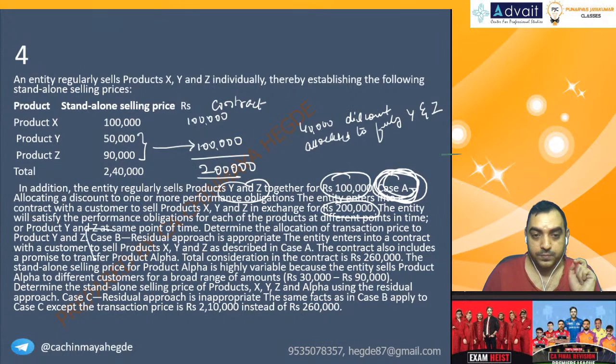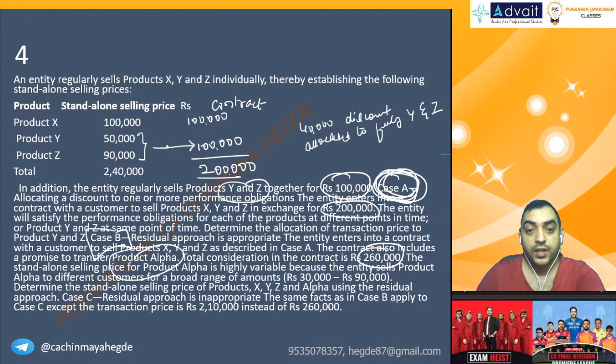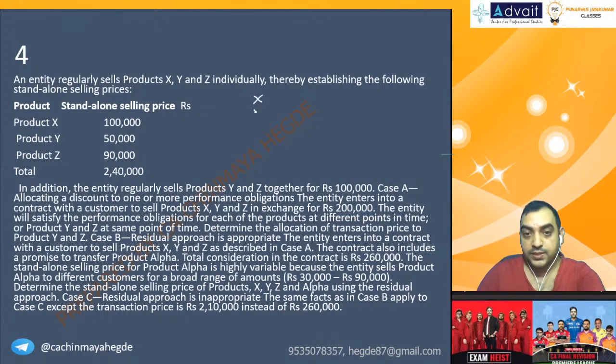Case B, the entity enters into one more contract where product alpha is there and total consideration is 2 lakh 60,000. Okay, now total consideration is 2 lakh 60,000. So let me write it here, X, Y, Z. Not only X, Y, Z, you also have product alpha.